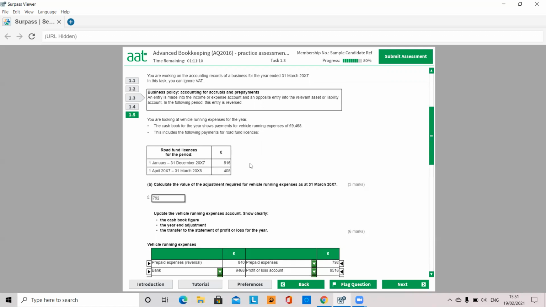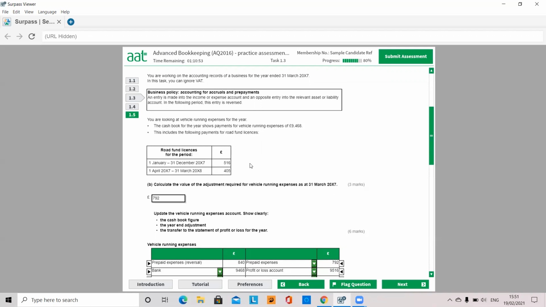I do that sometimes. I was doing the 3 months, so I'm right that only 3 months of it relates to this particular year, but we're trying to work out how much of it is paid for next year. So I worked out that £129 of it is for this year.